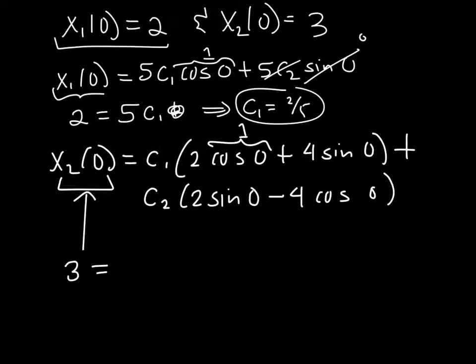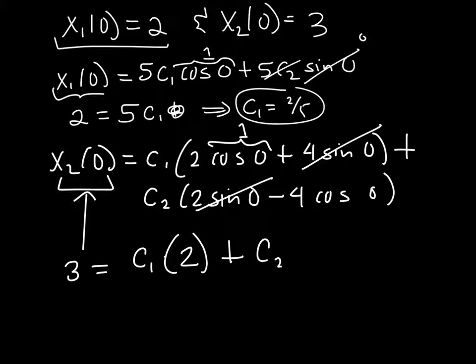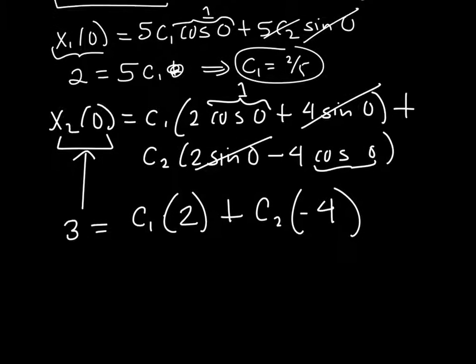So let's see, we have c1 times 2. Well, let's go ahead and write the parentheses. Well, this one again is going to be 0, so that doesn't really matter. Plus c2, well, this one's going to be 0. And then we are left with negative 4 when the cosine of 0 is 1, so that's what we have.